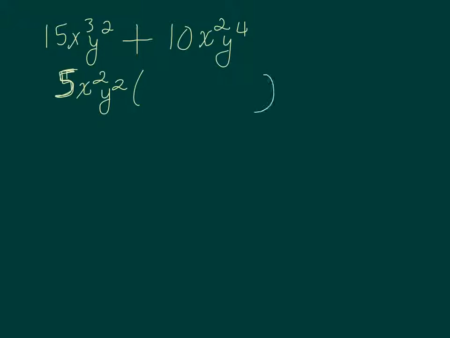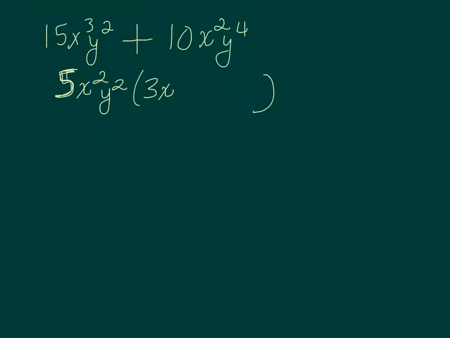In parentheses, I'm going to write what's left after I divide both of those by the greatest common factor. So 15 divided by 5 is 3. X cubed divided by x squared is just x, or you can think of it as I had 3 x's, I took 2 out, so I'm left with 1.